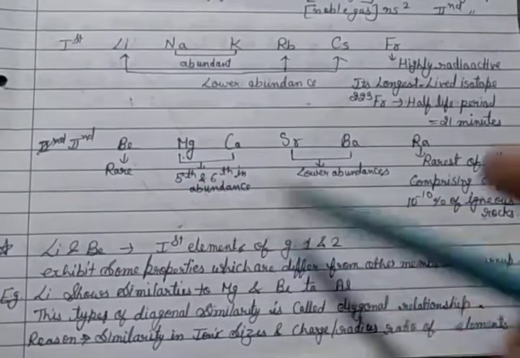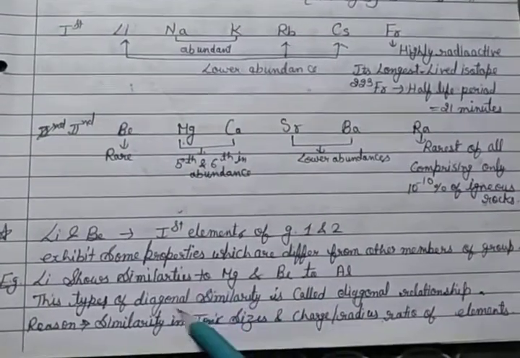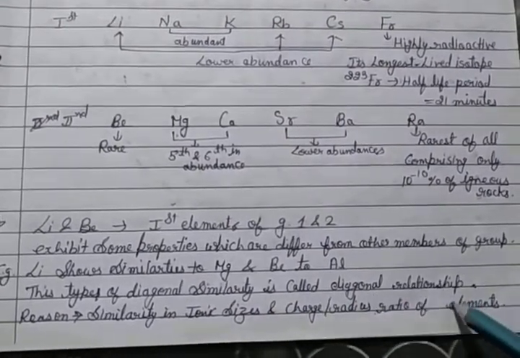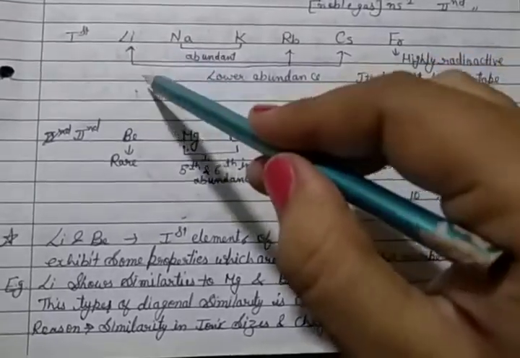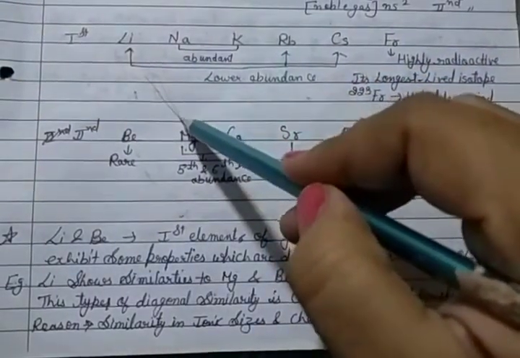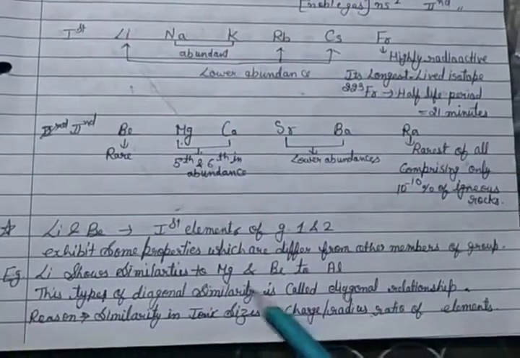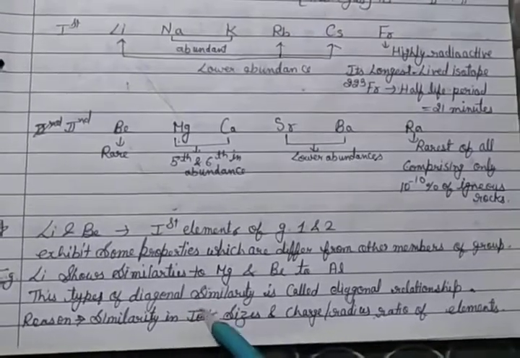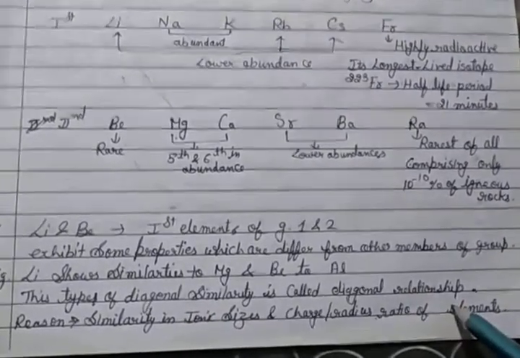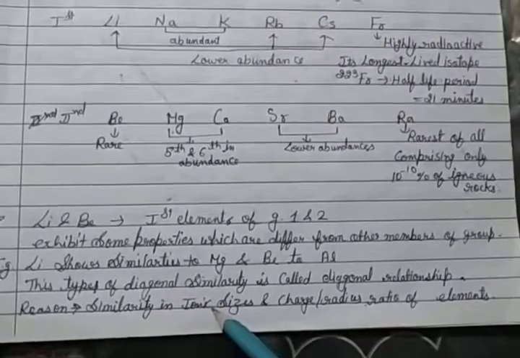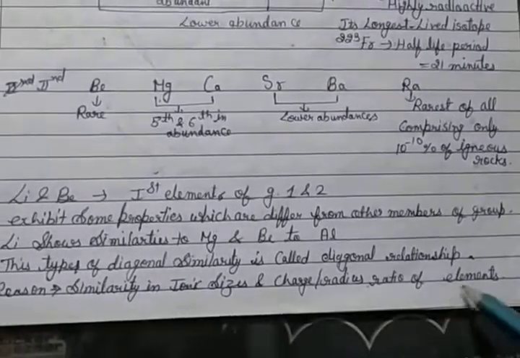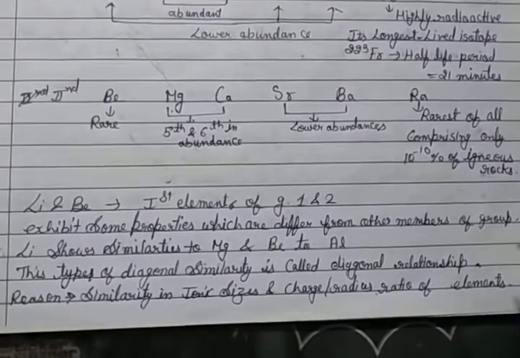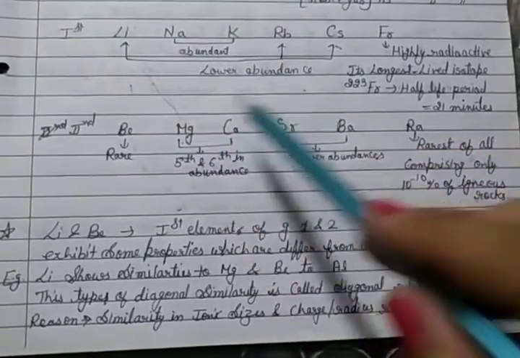This crosswise similarity is called diagonal relationship. Lithium shows similar properties to magnesium, and beryllium to aluminium. The reason is the similarity in ionic sizes and charge to radius ratio of the elements. So these are diagonal relationships.